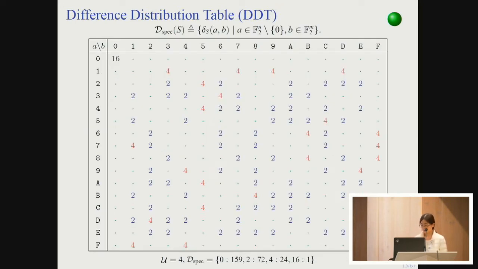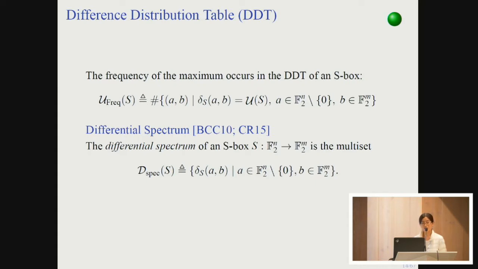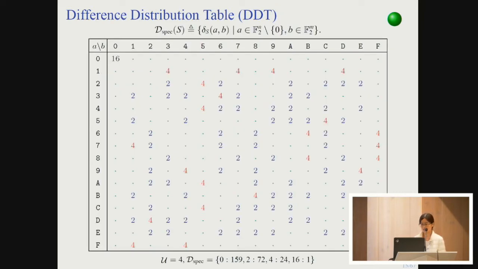analysis. Besides the maximum, the frequency of the maximum in this DDT, and also the frequency of the values in this table, may provide a distinction between S-boxes with the same uniformity, because they can behave differently for a specific cipher and provide a more accurate upper bound, for example, for two rounds, on the maximum expected differential probability of the cipher, for example for AES.